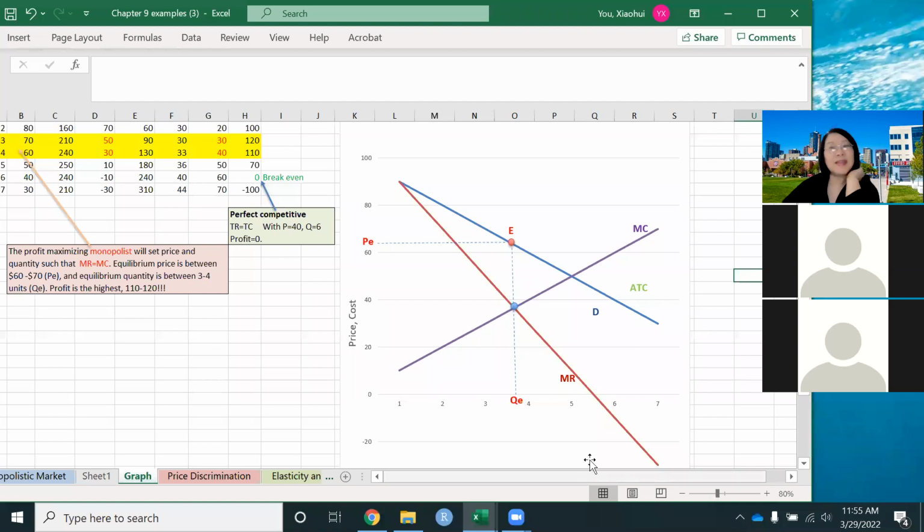Come on. Let's see. How about Lucy do this question? Can you guess a value? Maybe 3.7. Yeah, 3.7. Great. Okay, this is the quantity, right?